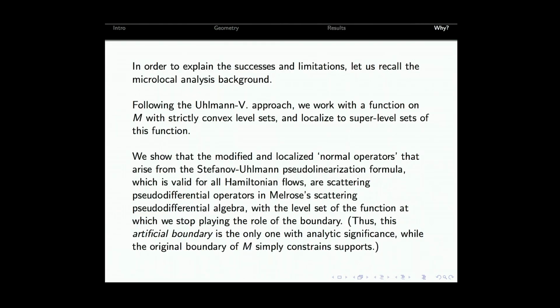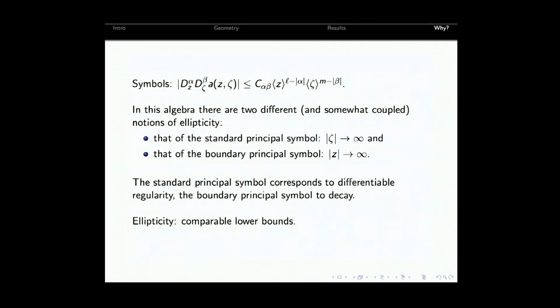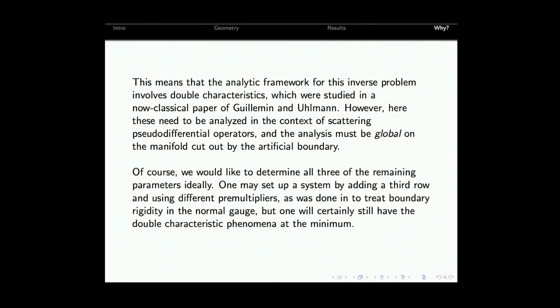Okay, and then what to do about this? I think Joey mentioned this very quickly. Because of the quadratic vanishing, this is called something like double characteristics, and these were studied in a classical paper of Guillemin and Uhlmann.